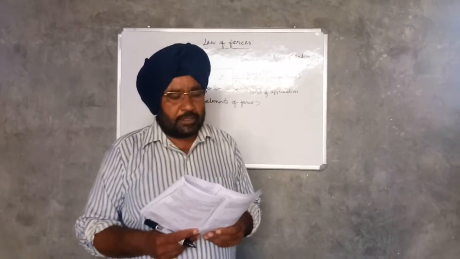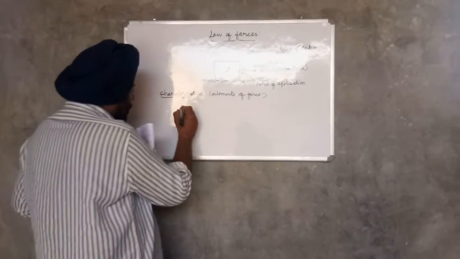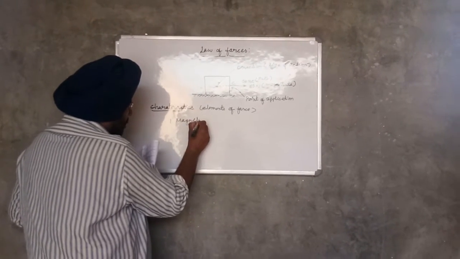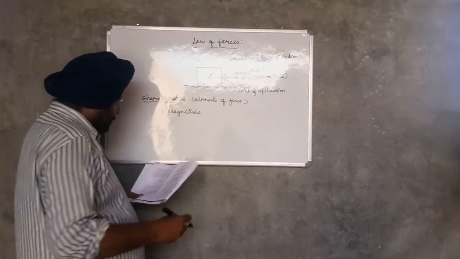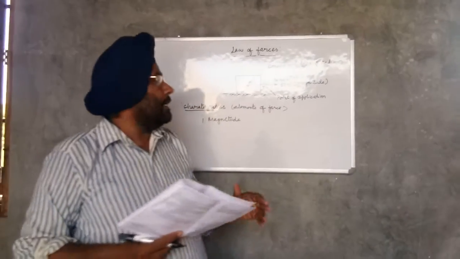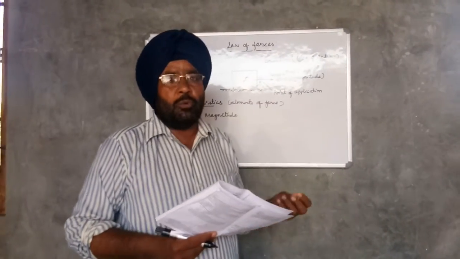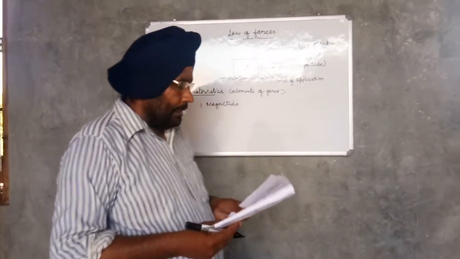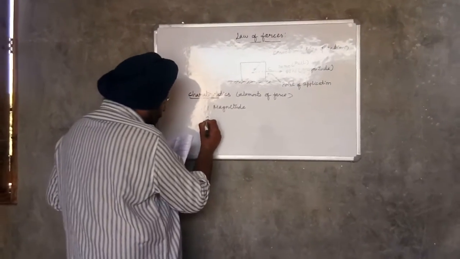The main characteristics of the force are: first is magnitude. The quantity of force is called its magnitude, such as 20 Newton force, 30 Newton force, 40 Newton force, etc. Then direction or line of action.